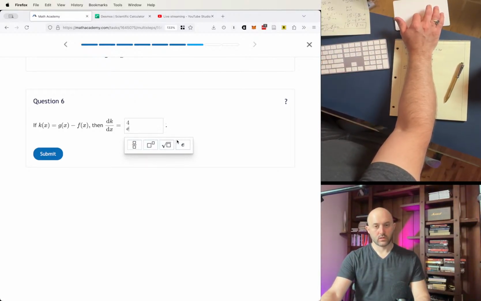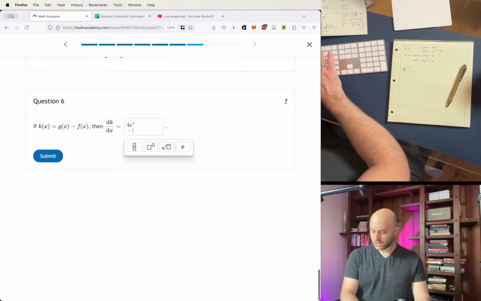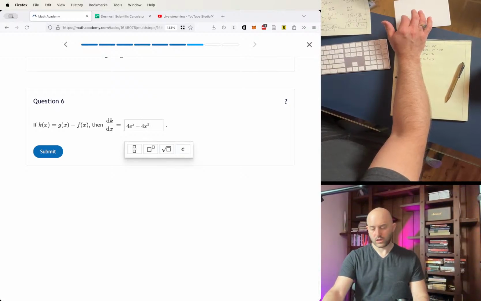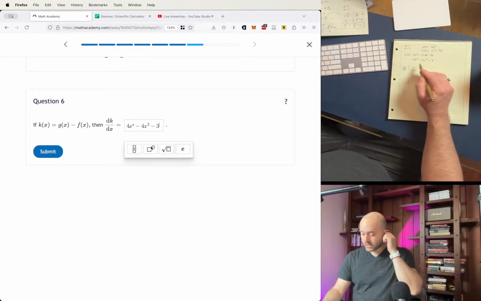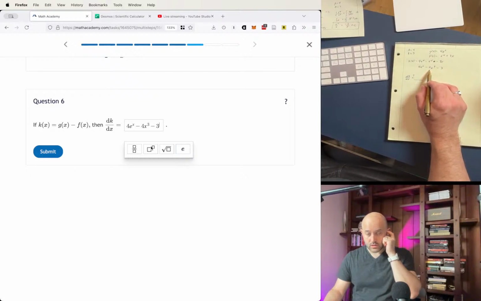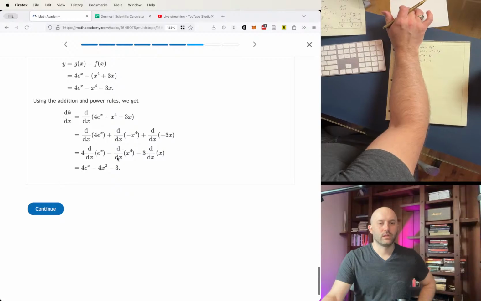Double check. 4e to the x minus 4x cubed minus 3. Okay. Correct.